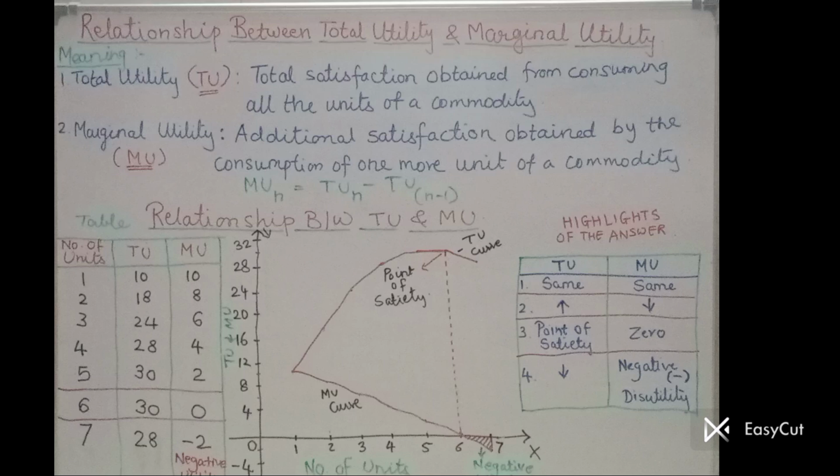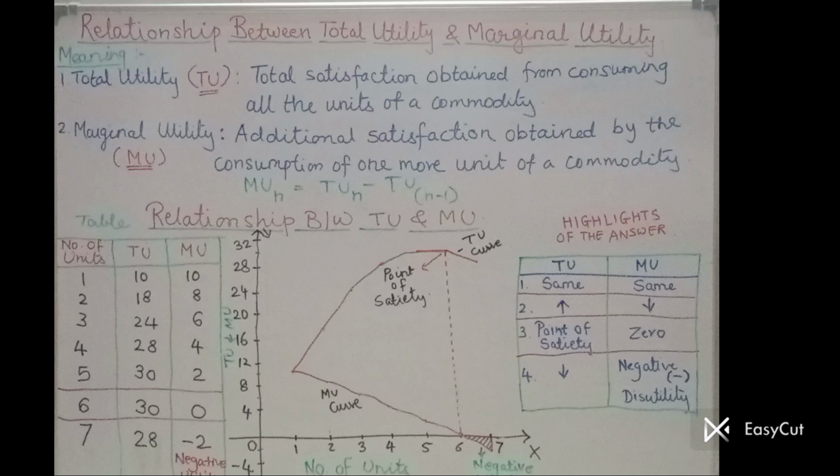I have clearly written everything on the board. So please take a screenshot of the board and watch it carefully. Total satisfaction obtained from consuming all the units of a commodity is called total utility.